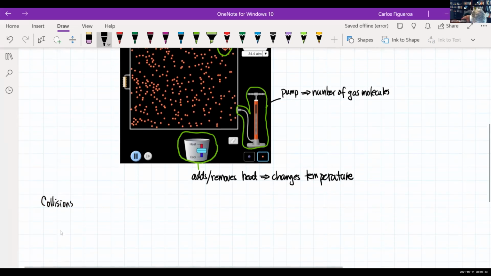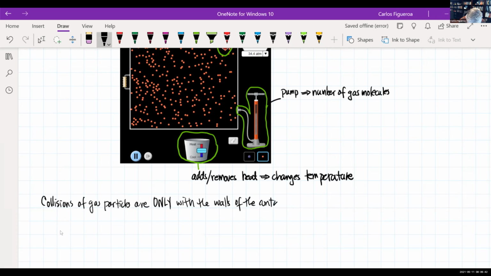So collisions of gas particles are only with the walls of the container. And it's this collision, this is what creates pressure.